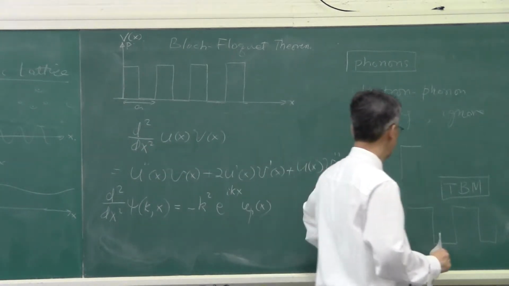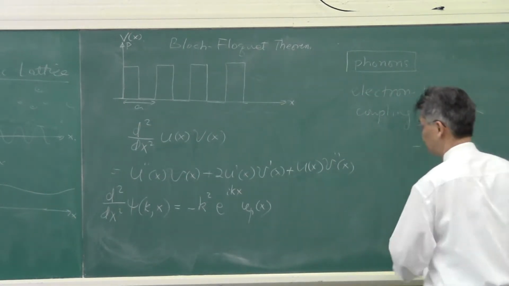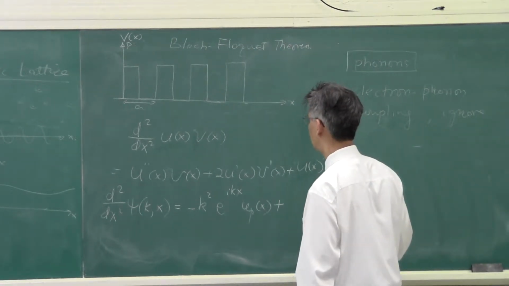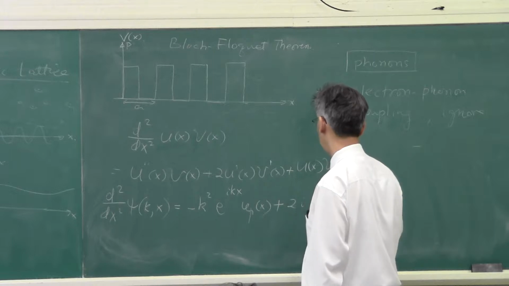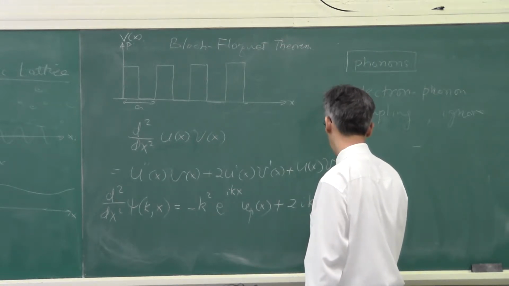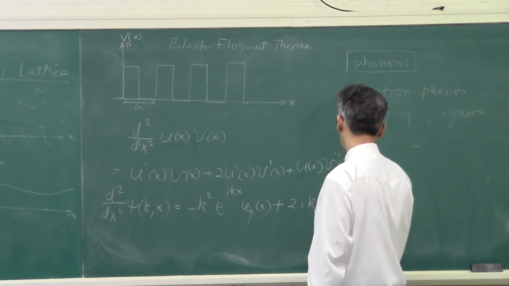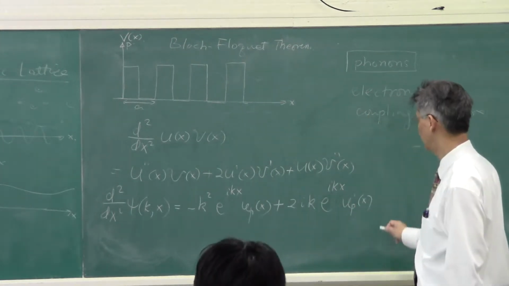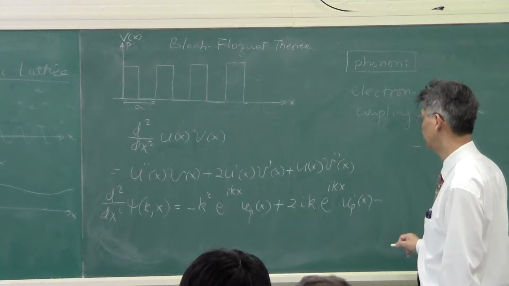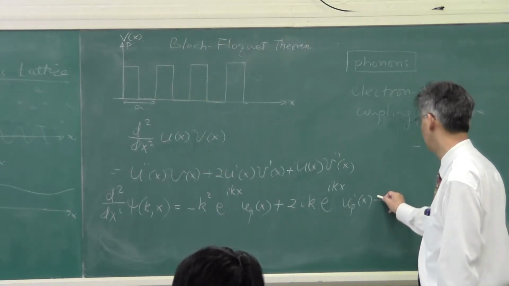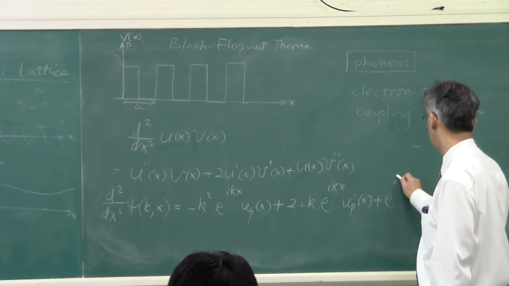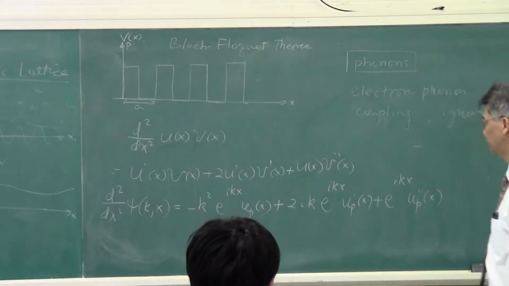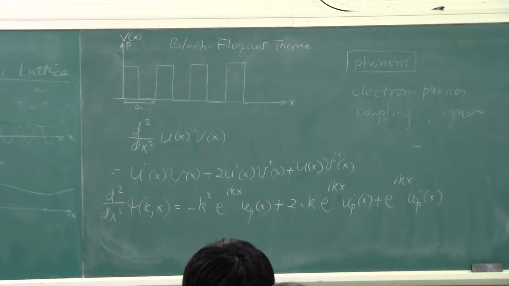And then the second term gives plus 2ik e to the ikx u_k prime(x), plus the third term, which would be e to the ikx u_k double prime(x). So that term will just become this over here.